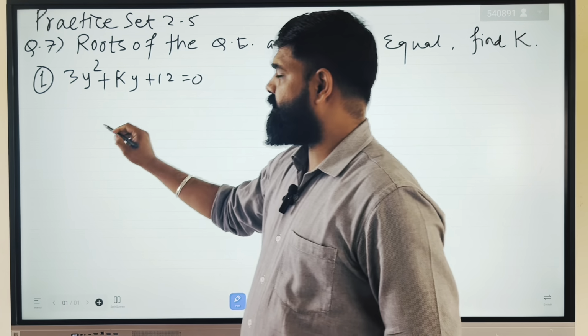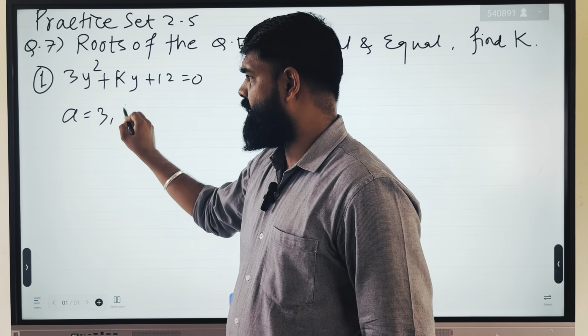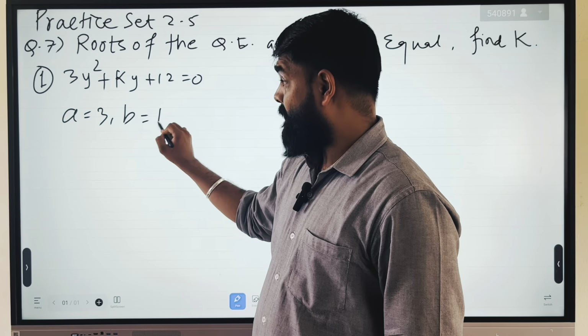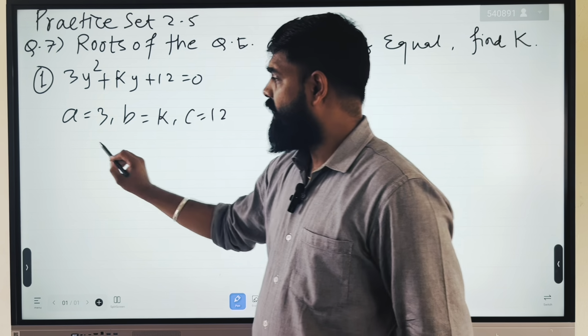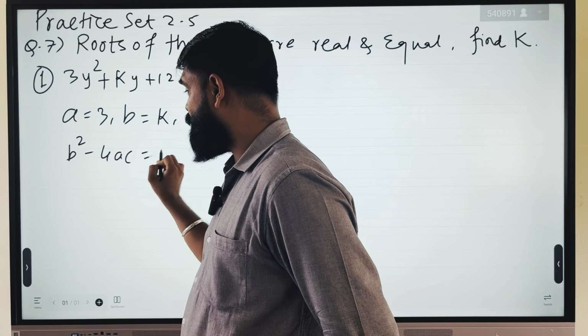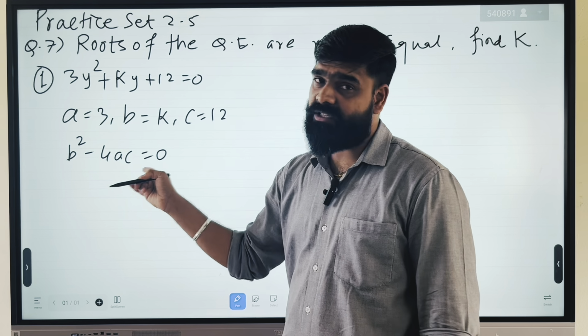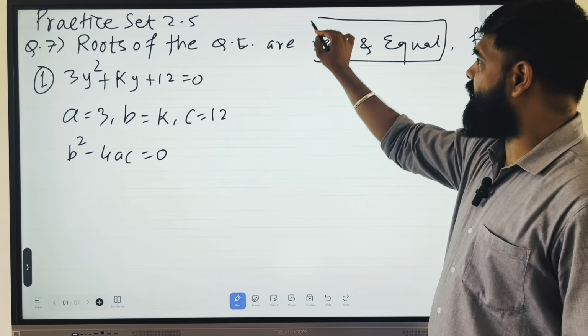So let us consider a is equal to 3, b is equal to k, and c is equal to 12. So let us take b square minus 4ac is equal to 0. Why do we have to take this 0? Because they have provided the information that the roots are real and equal.